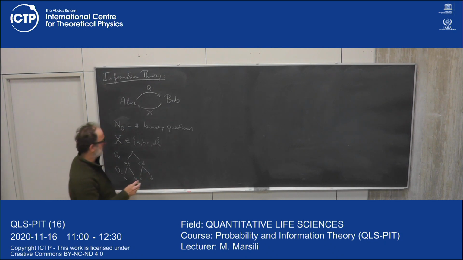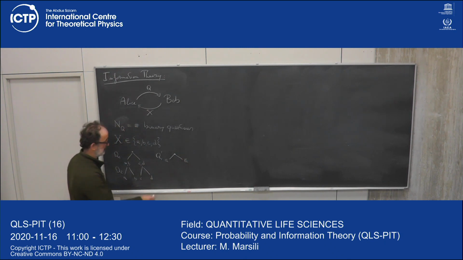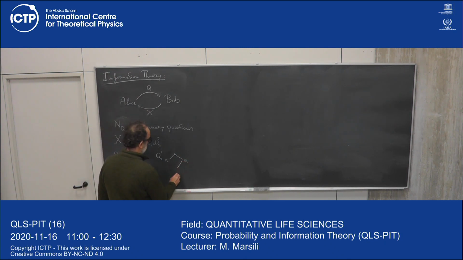Now, however, there is also another way in which Alice could ask questions. She could ask, is it A or not A, as the first question, Q prime. If it is A, then she would know what x is. If it is not A, then she can ask, is it B or is it C or D?